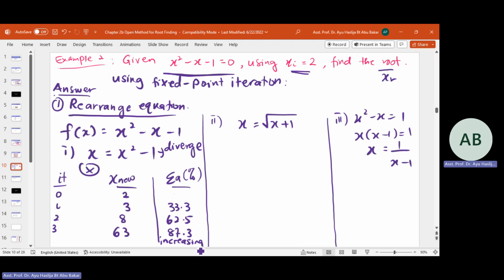Now, try the second equation. Try to do the iteration, find the x new or x i plus 1, then the EA. How is the trend?